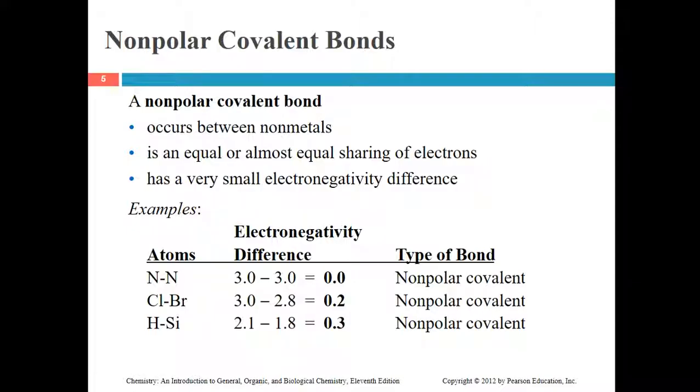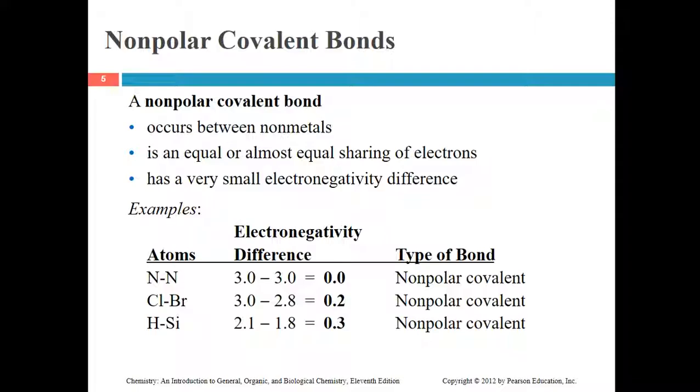Well, here we go. A nonpolar covalent bond. First of all, it's covalent because it's going to occur between nonmetals. And nonpolar has an equal or almost equal sharing of electrons. There's a very small electronegativity difference. So let's look and see. Let's say we had 2 atoms of nitrogen to make our nitrogen molecule.